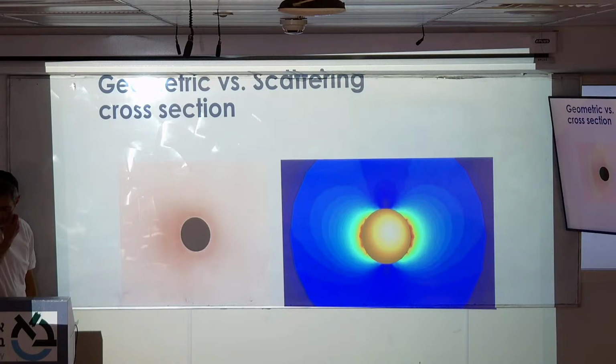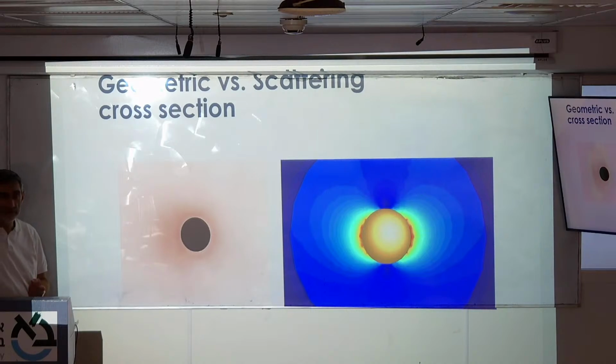That's what I wanted to say. Just to give you maybe an intuitive image, if you consider an antenna, an antenna can be very small, but can have a cross section which is very large. Why? Because you can have a wave that comes in resonance with this antenna.